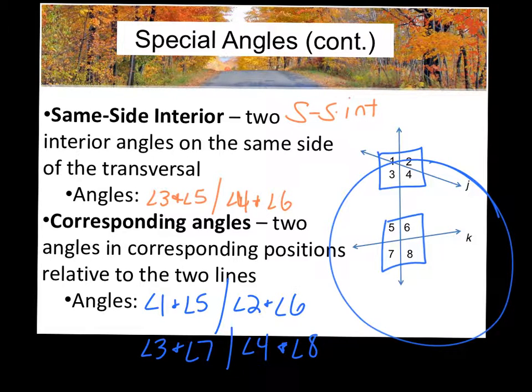What else? Alejandro. Linear pair, 1 and 2, 2 and 4, 4 and 3, 3 and 1 are all linear pairs, right? And 5 and 6, 6 and 8, 8 and 7, and 7 and 5. So you've got 6 special angle relationship pairs going on in these diagrams. Questions so far?